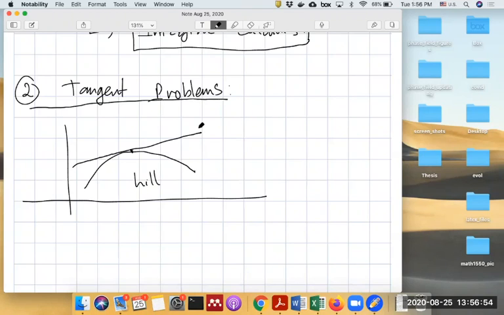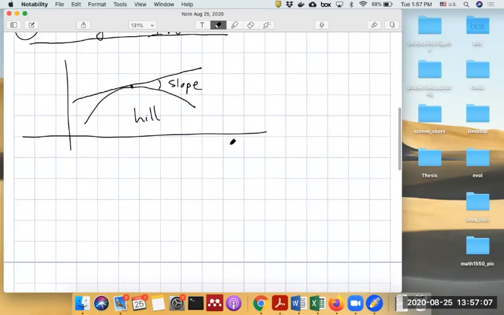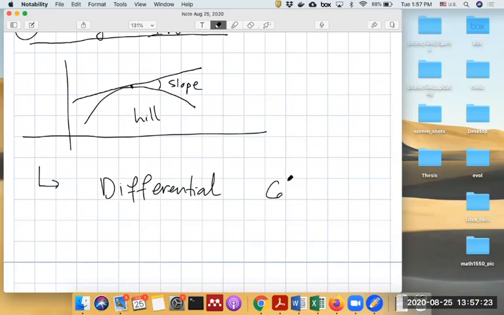With a measurement of the slope, we'll tell how steep it is. Okay? In order to compute these, we call this branch differential calculus.